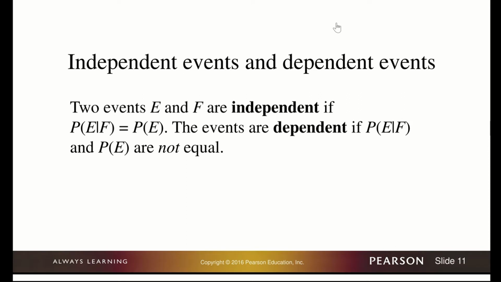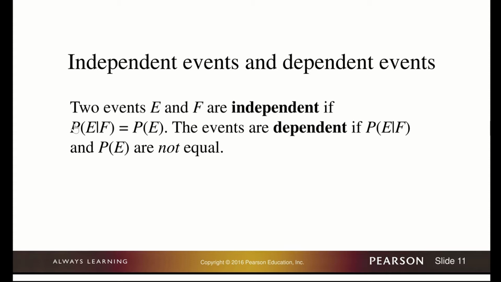Next, we want to look at the important concept of independent and dependent events. Basically, if the outcome of one event has some influence on the outcome of another event, we consider them to be dependent, right? So in particular, going in this order, if the probability of the outcome E given the outcome F is the same as the probability of the outcome E, we say that the two are going to be independent.